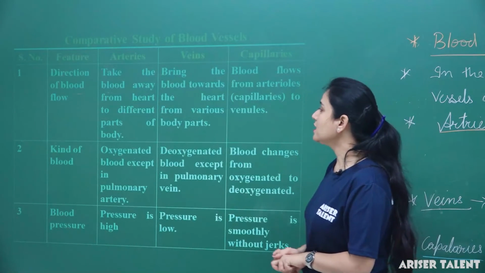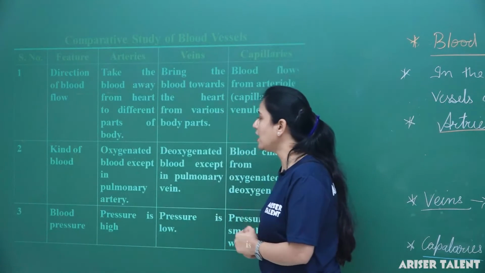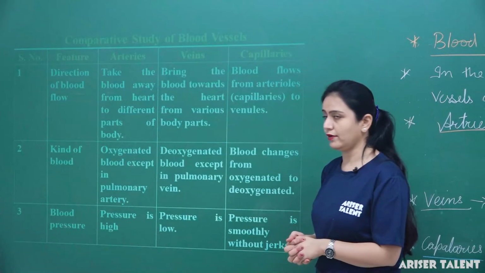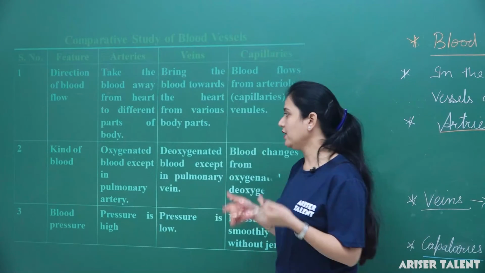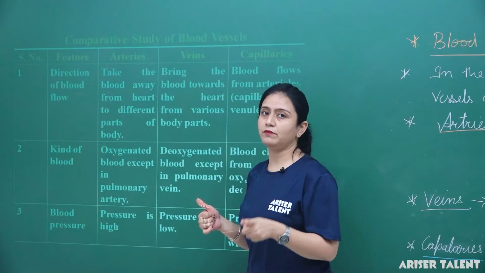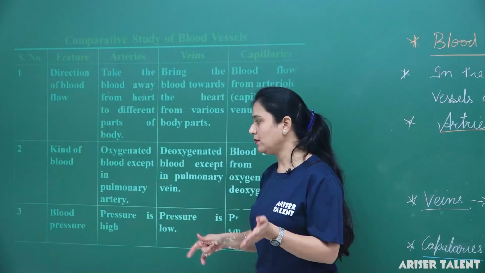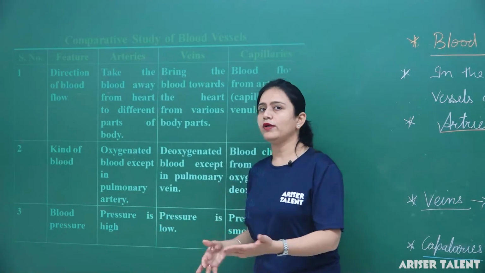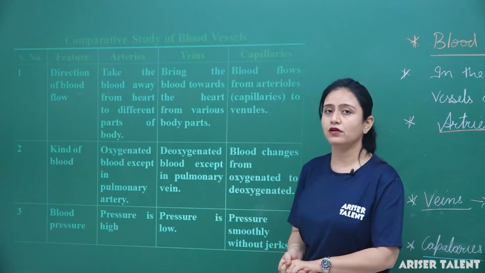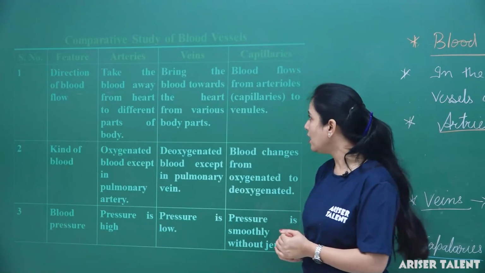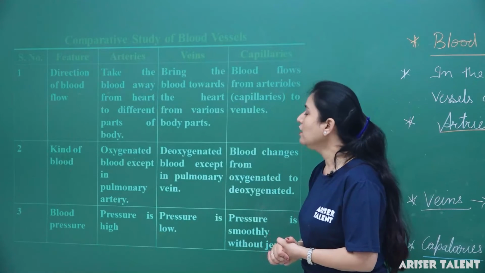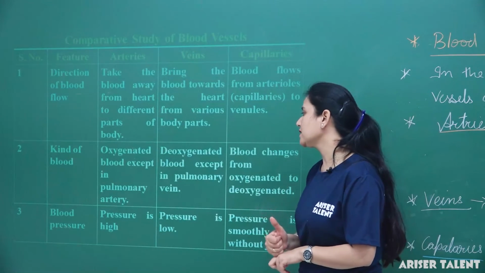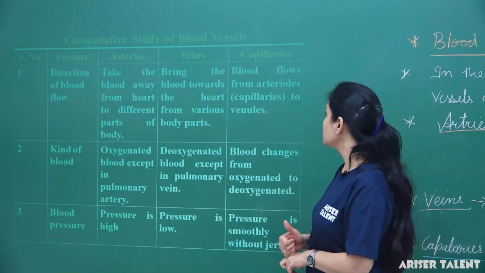Okay, next is kind of blood. In the arteries, oxygenated blood except in pulmonary artery. They generally carry oxygenated blood, except the pulmonary artery. Okay, this point I'll explain when I explain the structure and function of heart. Next is vein, kind of blood. Generally veins carry deoxygenated blood except in the pulmonary veins.